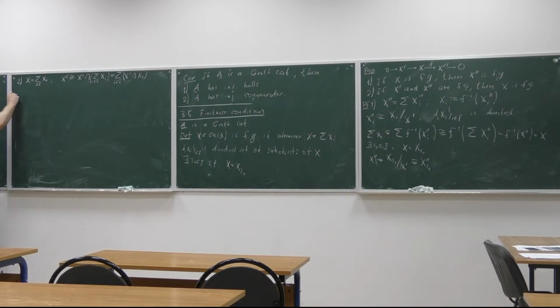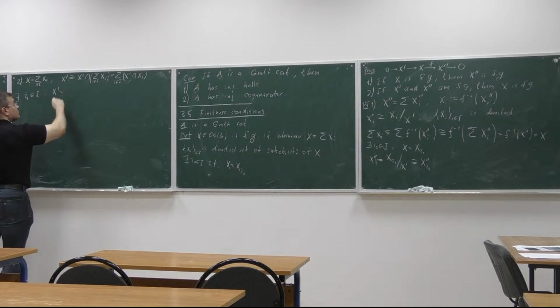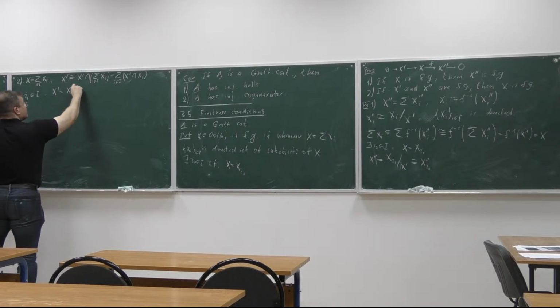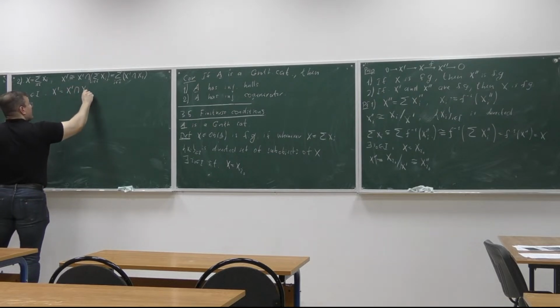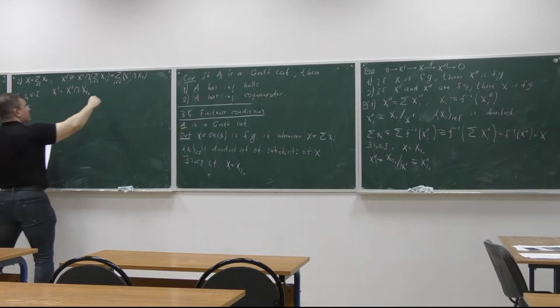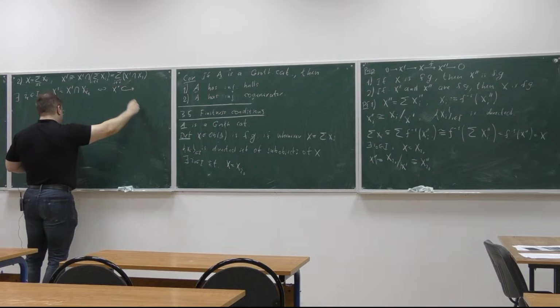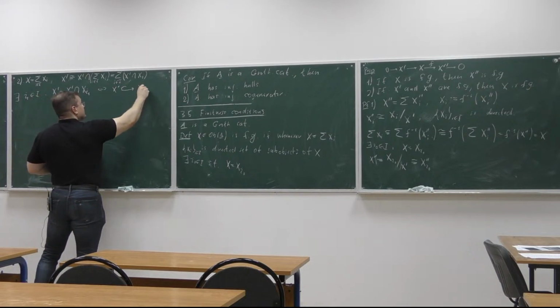Hence, there is, now I'm going to need two indices, so let's call the first index I1. So there is I1 in the I such that x prime is equal to the x prime intersect x I1. Well, if we have this, equivalently, we can say that the x prime is a sub-object in the x I1.